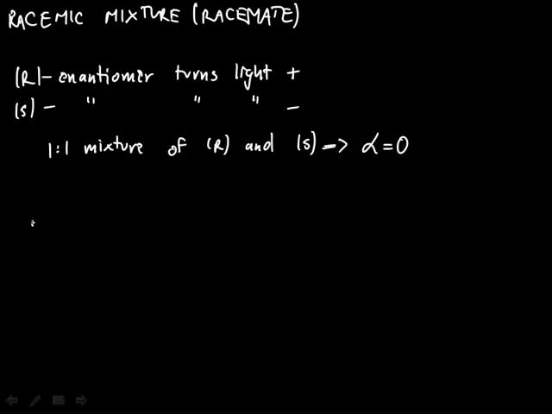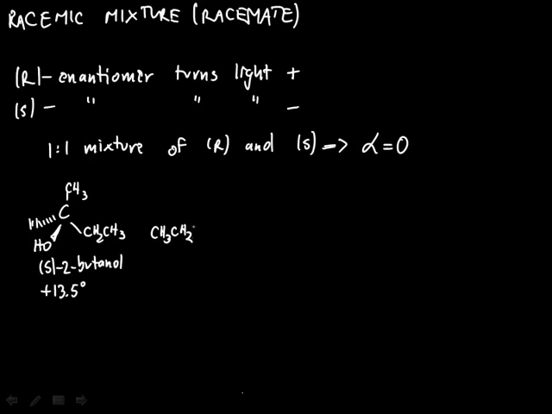For example, if we had a one-to-one mixture of two enantiomers of 2-butanol, so this would be S-2-butanol, which turns the light by plus 13.5 degrees, and its enantiomer would be the R-2-butanol, which turns the light by minus 13.5 degrees.